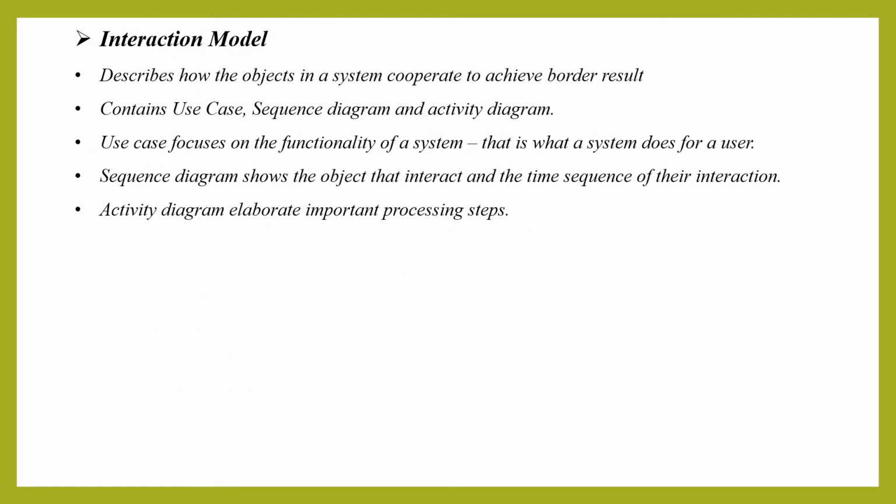We have the interaction model. As I have told, it should show the interaction among the objects and how the interaction has to take place. It contains three diagrams: the use case diagram, sequence diagram and activity diagram. The use case diagram shows the functionality of a system, what a system does for a particular user.